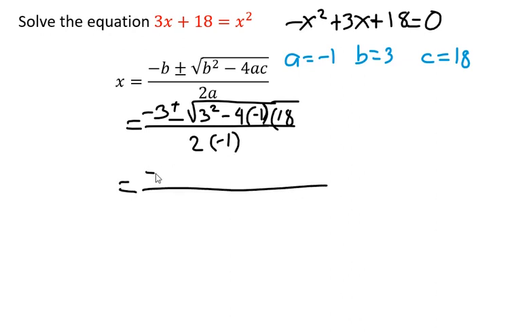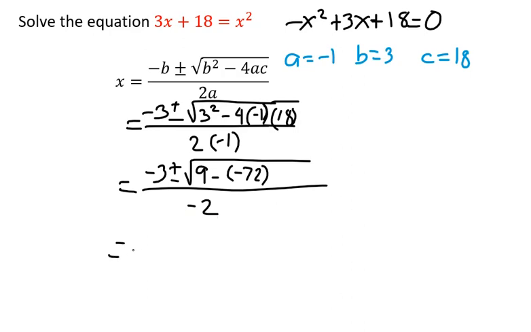So, negative 3 plus minus 3 times 3 is 9. 3 square is 9. So, minus 4 times negative 1 is negative 4. And negative 4 times 18 is negative 72. Over 2 times negative 1 is negative 2.